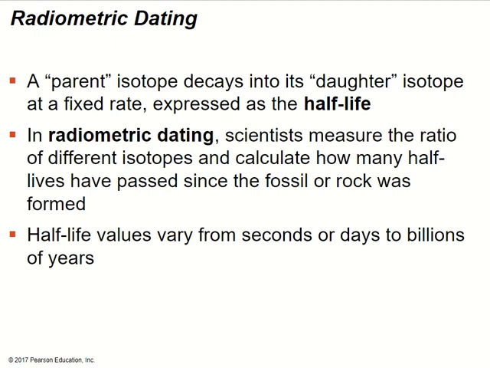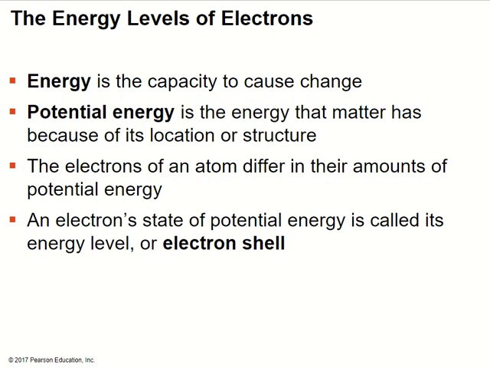Half-life values vary from seconds or days to billions of years, depending on the type of isotope. Some are more stable and take many years before they break down. Some are very unstable isotopes and take even milliseconds to break down.